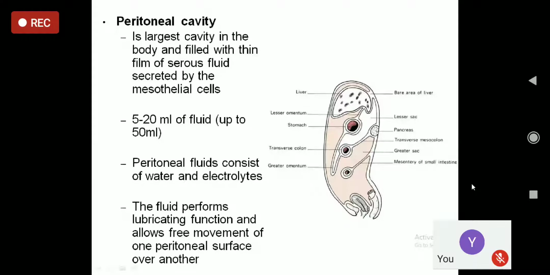The peritoneal fluid consists of water and electrolytes, and it performs a lubricating function and allows free movement of one peritoneal surface over another.